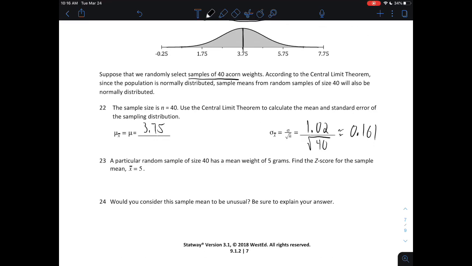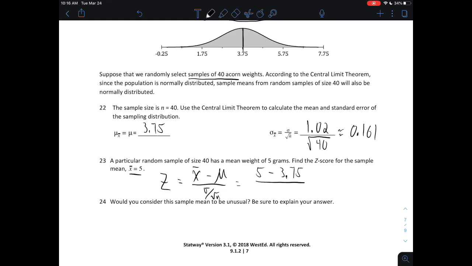Number 23, a particular random sample of size 40 has a mean weight of 5 grams. Find the z-score for the sample mean x bar equals 5. So here, z is equal to x bar minus mu divided by sigma divided by the square root of n. We already have all of these numbers. X bar was just given to us as 5. Mu up above in number 22 is 3.75.